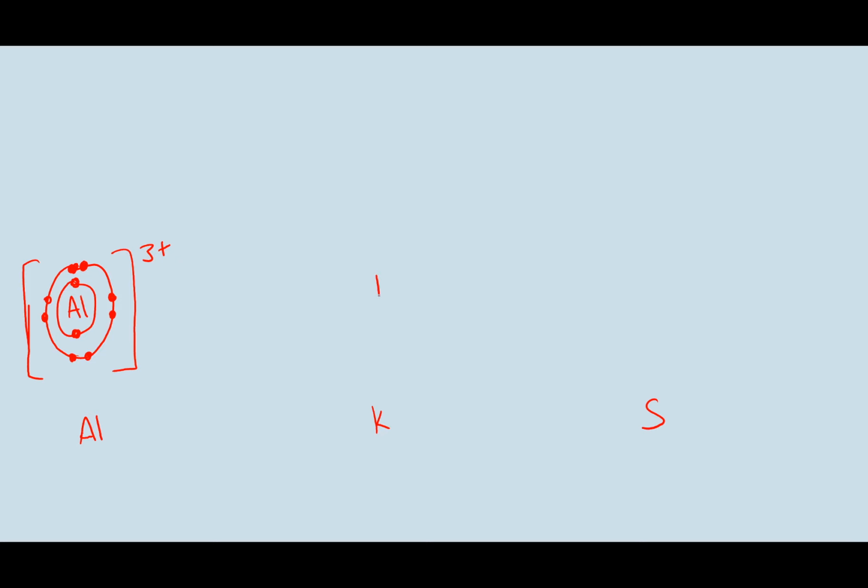Potassium is the 19th, so it has 19 electrons.